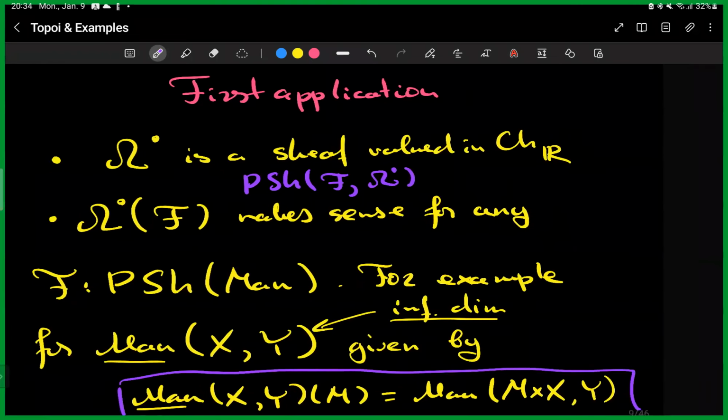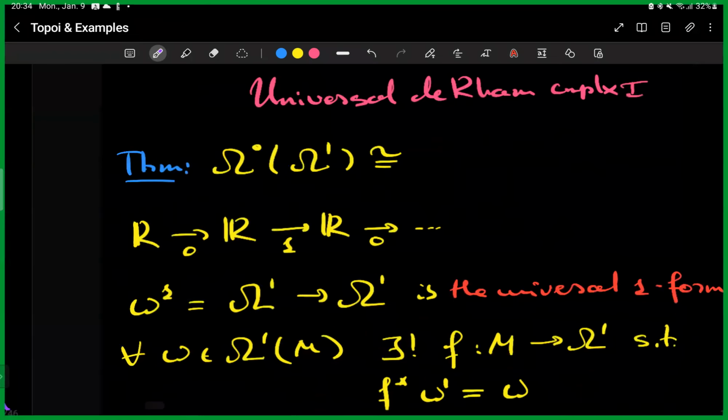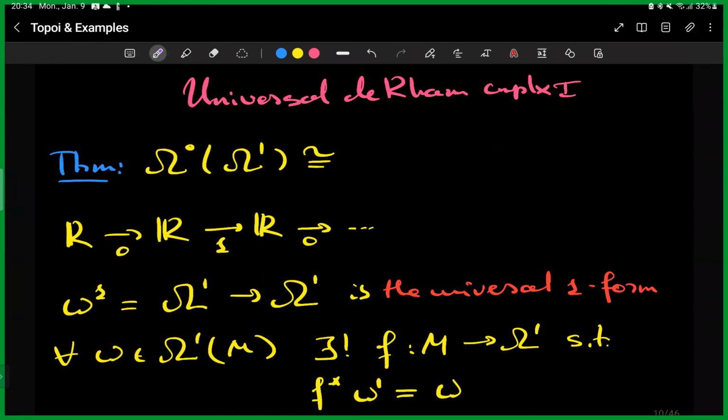Okay, and even more, we can define the universal de Rham complex, for example, for this sheaf of one forms. So we just take differential forms of differential forms. And as it turns out, this complex is isomorphic to this one, which is actually quite remarkable because usually the de Rham complex is infinite dimensional in each degree.